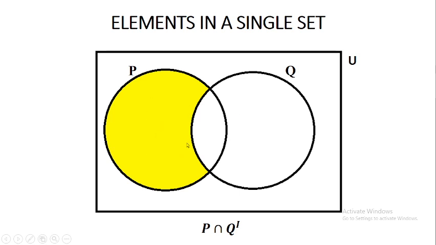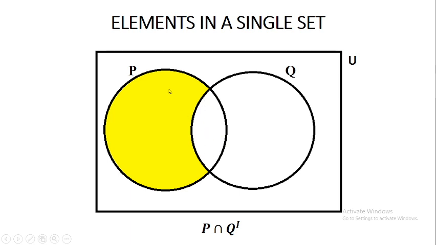And I want you to understand this now, so that whenever we want to solve a problem, you understand what you are doing easily. Now we have the universal set, and we have set P and set Q, but set P and set Q are intersected, which is this place right now.